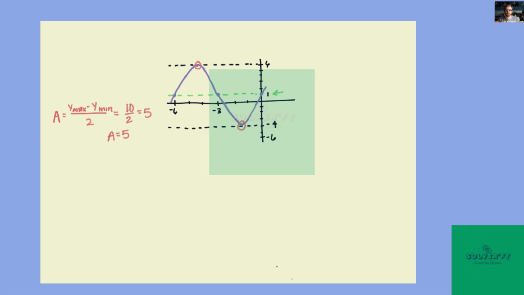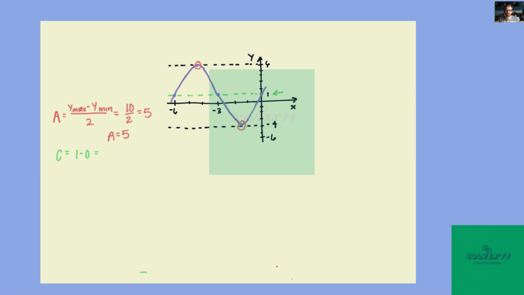So the shift C is going to be the difference between this midline and the x-axis. So C is going to be the midline, which is at 1, minus 0. These are the y values at the respective midline and x-axis.